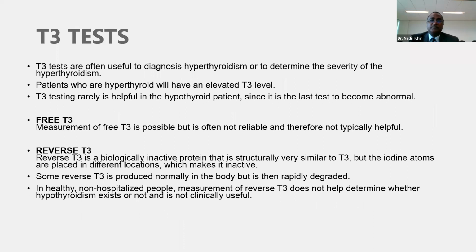T3 test. Those come as number 3. If you put them in order, the most important one is TSH, then T4, then T3. Why? Because T3 is not abundant in the blood and you cannot measure it accurately.